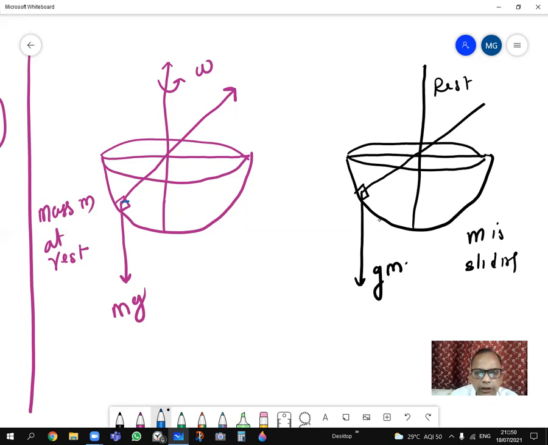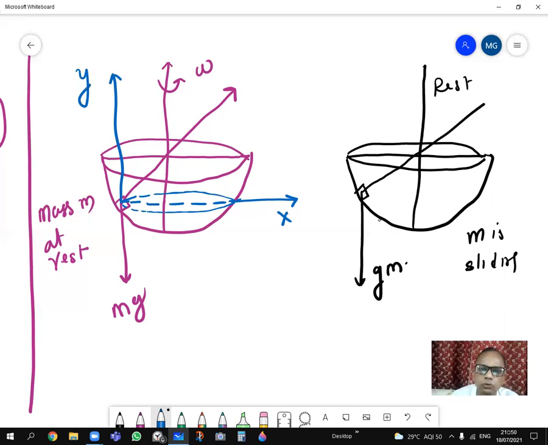Clear? But here, this block is at rest, bowl is rotating. So if you see, this block is also rotating in this circle. So immediately I know its acceleration is in this direction. So I can say this is the direction of motion. So I can take it as x-axis and line perpendicular to this as y-axis.